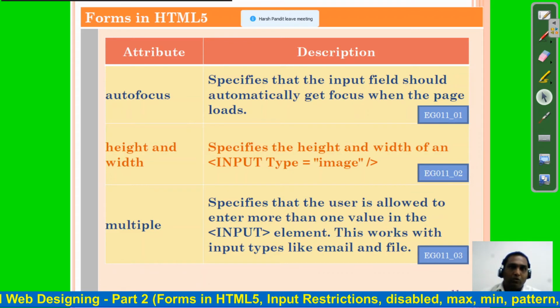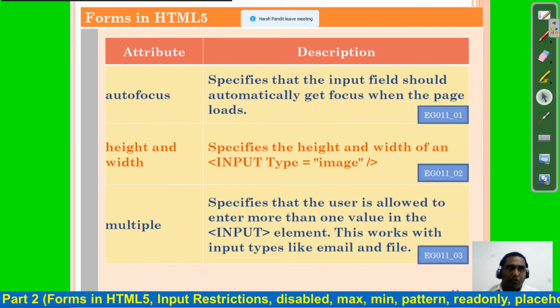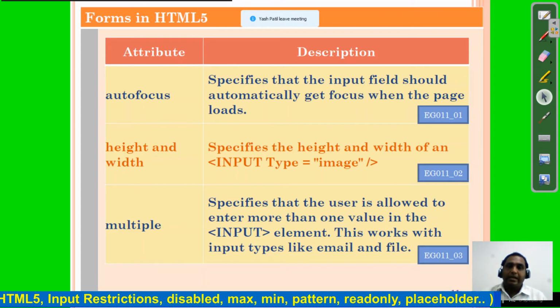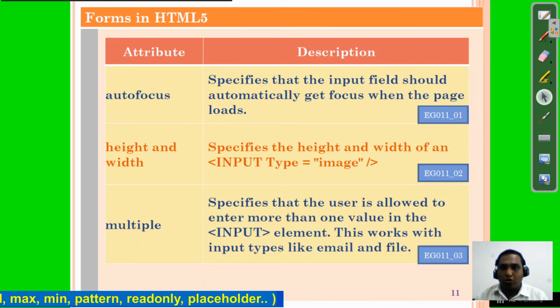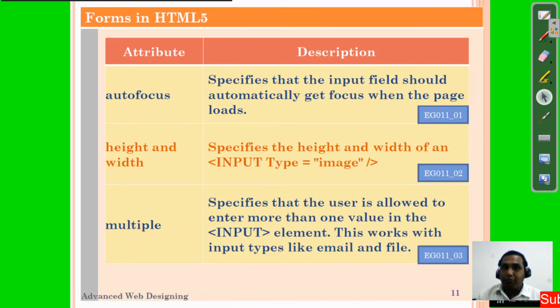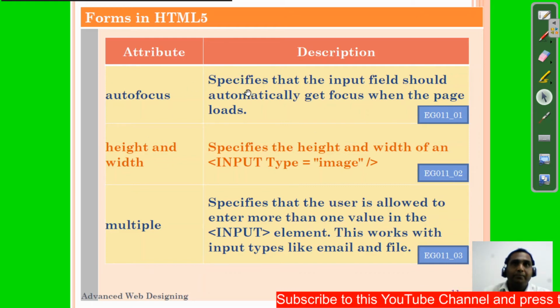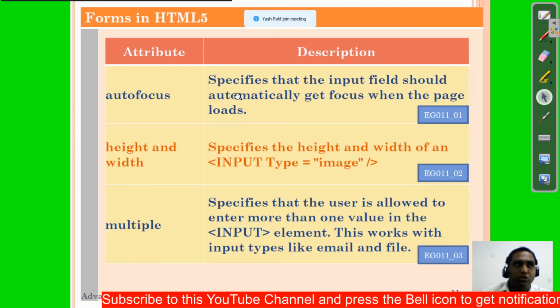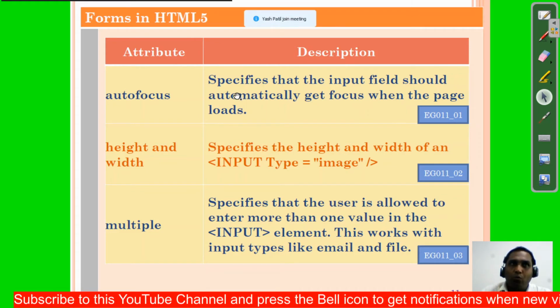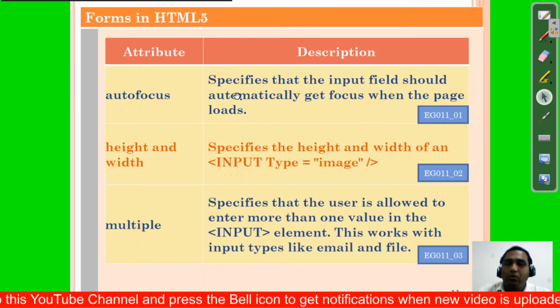In a form with 10 text boxes, any one text box can be given autofocus. Make a note: out of 10 or 15 text boxes, only one text box you can give autofocus.